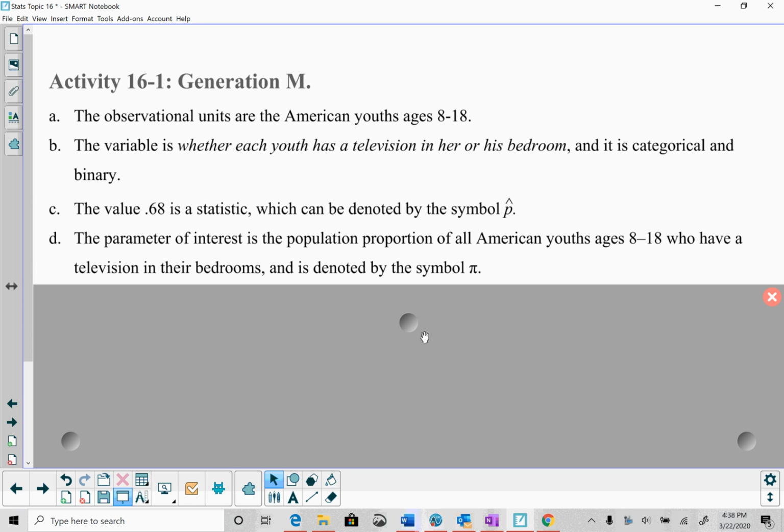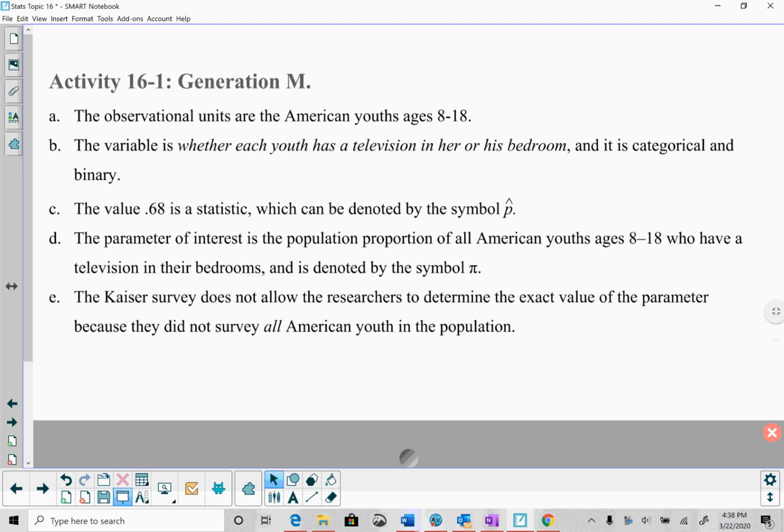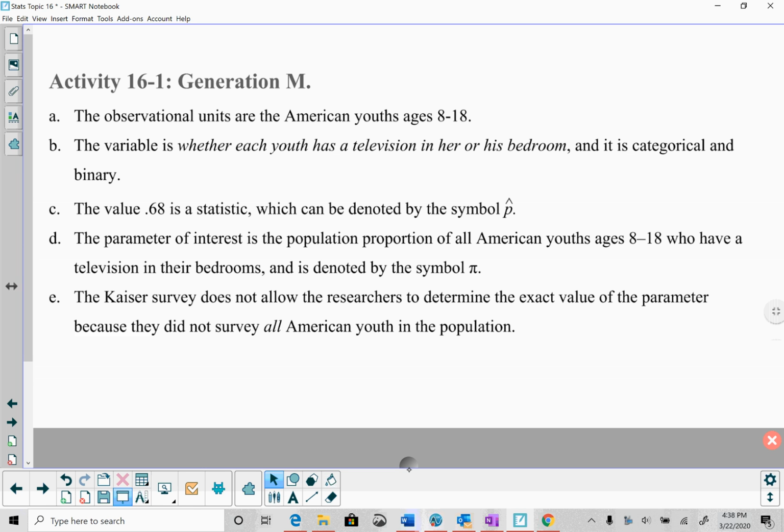For part E, does the Kaiser survey allow the researchers to determine the exact value of the parameter? No, it does not. We're trying to estimate it. Again, that's so much of what surveys are going to do from a statistical standpoint. We're trying to estimate what the population proportion is.